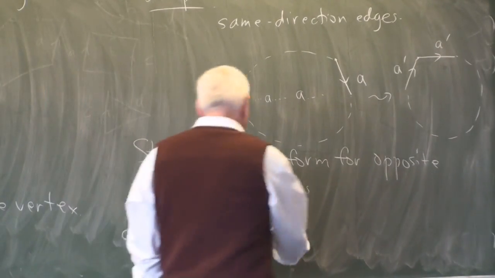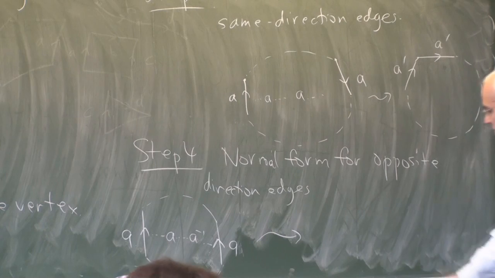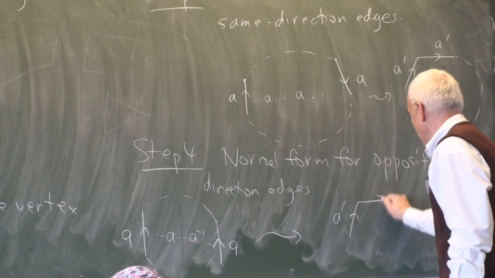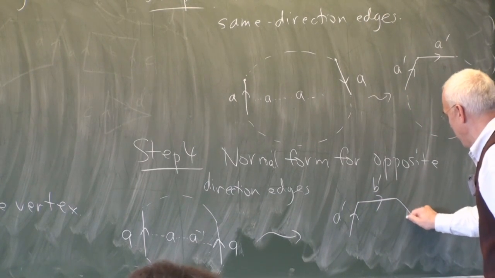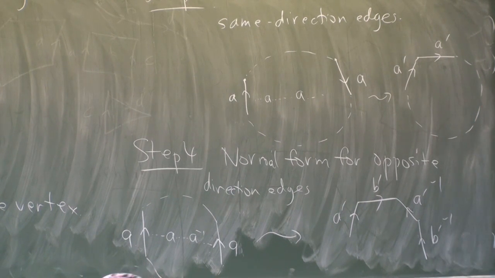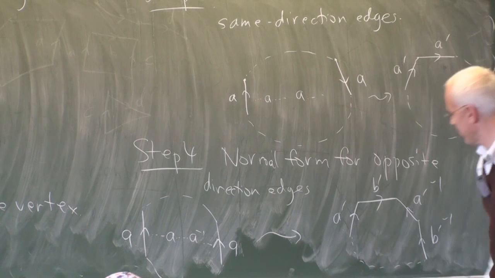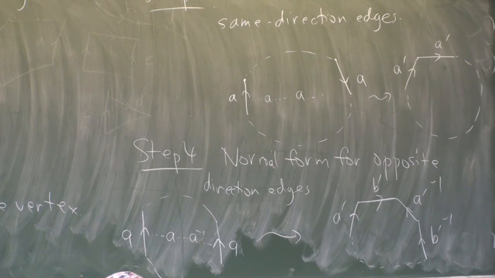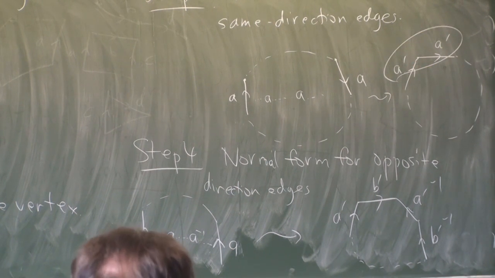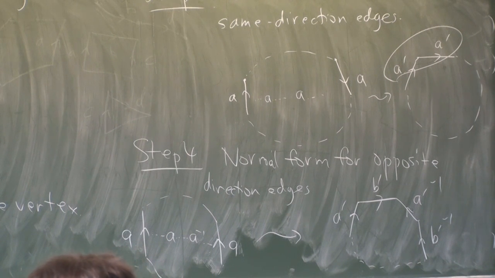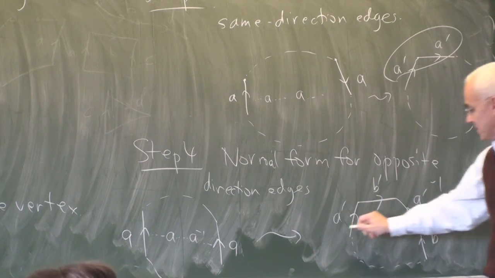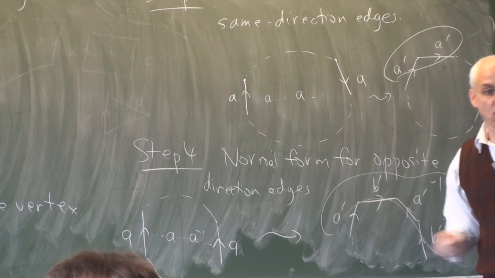And what we want to do is replace this kind of situation with something of the form, say, A prime, B prime, A prime inverse, B prime inverse, and some other stuff. So this will be our basic ingredient for the projective planes, the sum of projective planes or sum of crosscaps. And this combination A, B, A inverse, B inverse, that's appearing in the sum of tori.